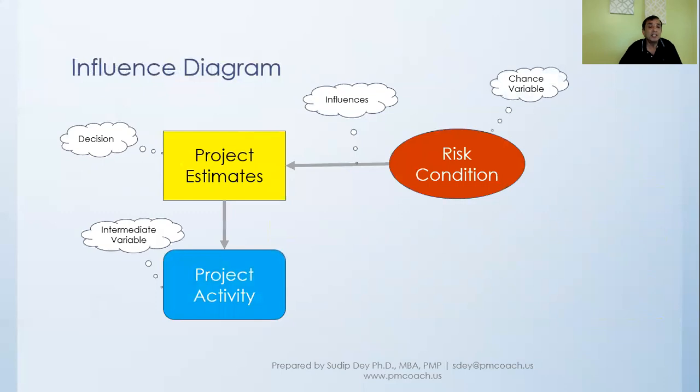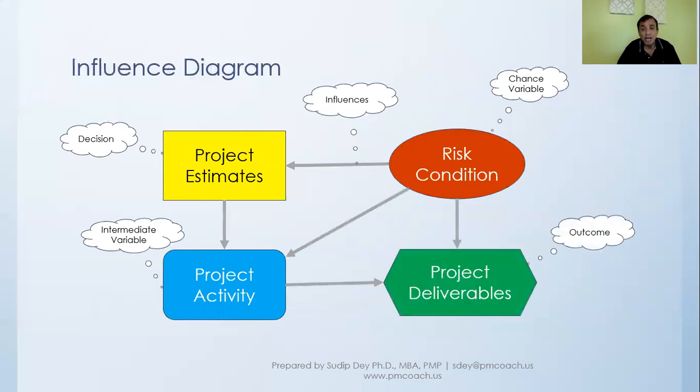And then the estimates will impact the intermediate variable, the project activity we are talking about as the intermediate variable. And this project activity again will be influenced by the risk condition.